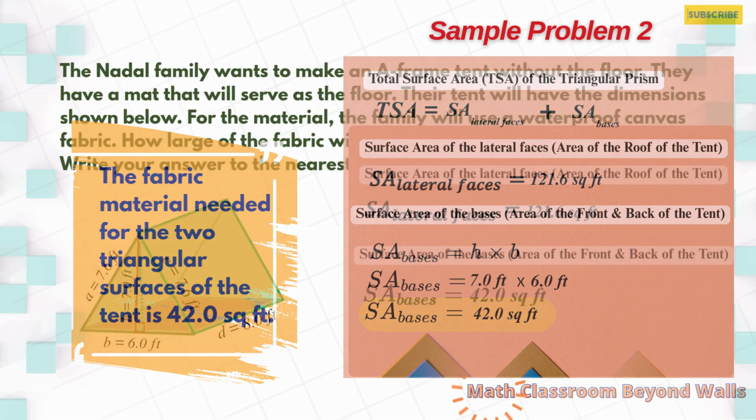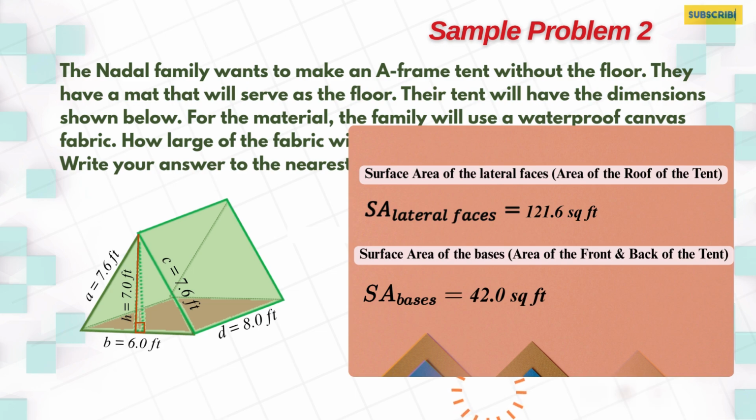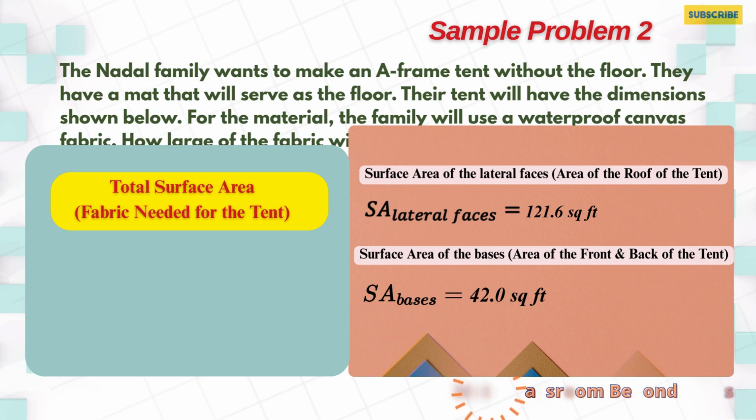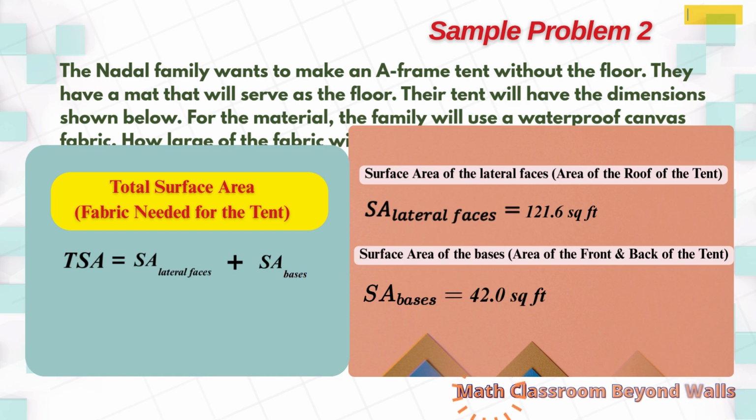To get the total amount of fabric needed for the tent, we use the formula for the total surface area, TSA, which is the surface area of the lateral faces plus the surface area of the bases. Remember that the surface area for the lateral faces is the amount of the fabric material needed for the roof of the tent. And the surface area for the bases is the amount of the fabric material needed for the two triangular surfaces of the tent.